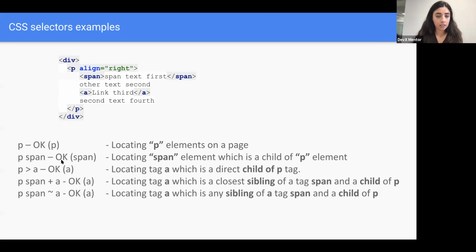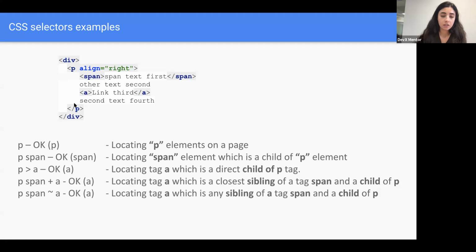The second one is locating the span element, which is a child of P. This one is locating tag A, which is a direct child of P. Then locating tag A which is the closest sibling to a text span and child of P. Then we have locating tag A, which is any sibling of a text span and child of P.